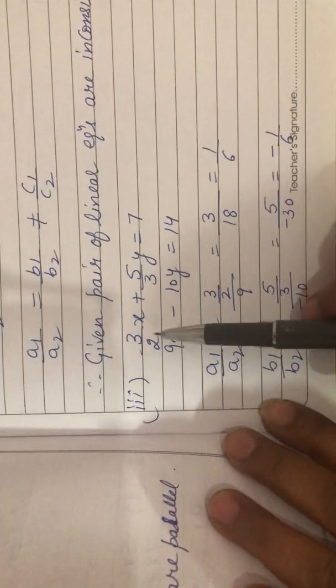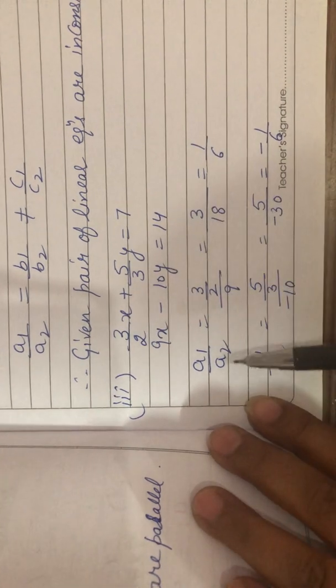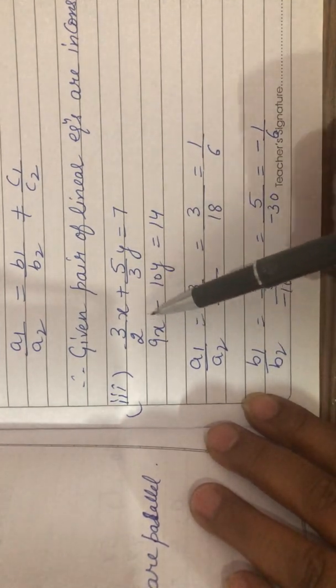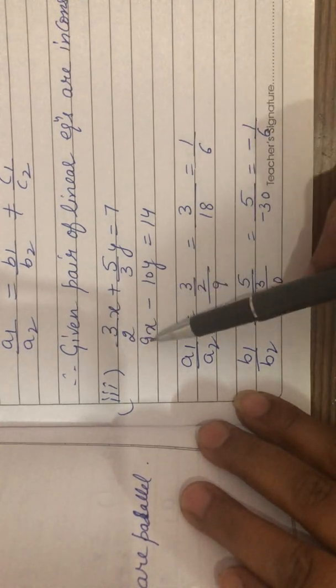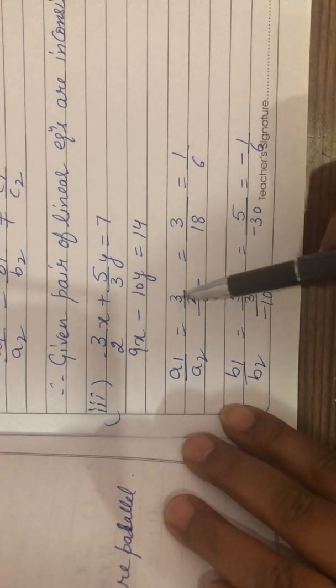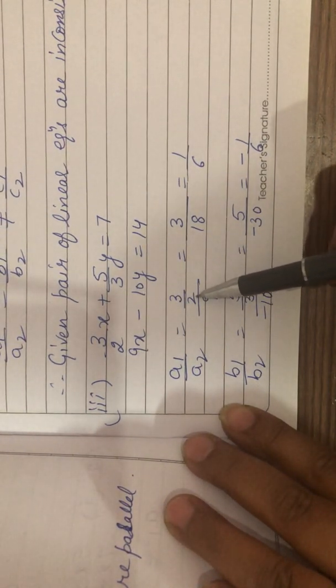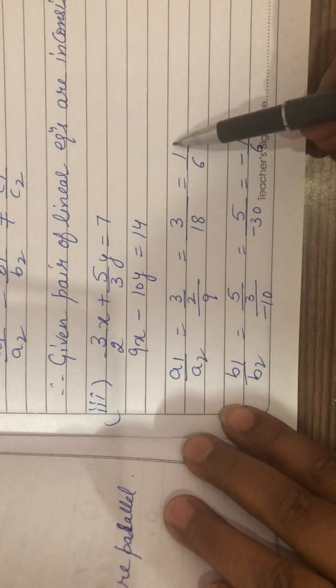In the third part, you can see 3 by 2x plus 5 by 3y equal to 7, and 9x minus 10y is equal to 14. So when we find a1 upon a2, you can see a1 is 3 by 2 and a2 is 9. Now how to solve it? This 9 will multiply with 2, it becomes 3 by 18, and it becomes 1 by 6.